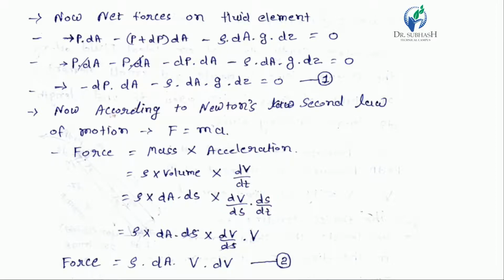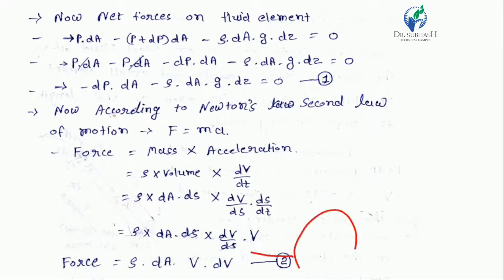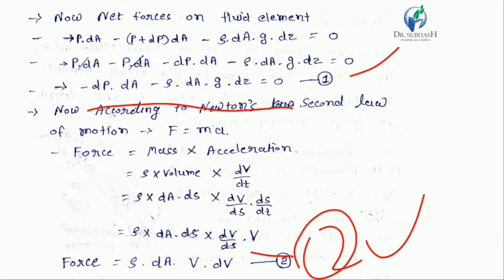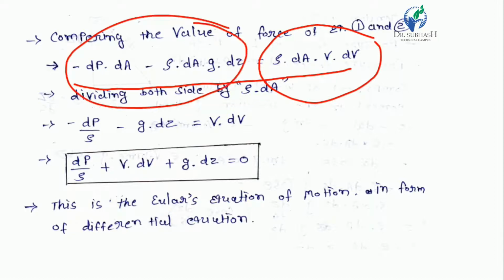Here ds cancels, and what remains is rho dA v dv. So force is equal to rho dA v dv. This is equation 2. So we have two equations of force, which we compare to each other: first by Newton's law and second by summation of all forces on the fluid element.